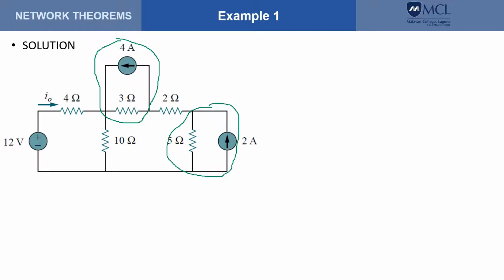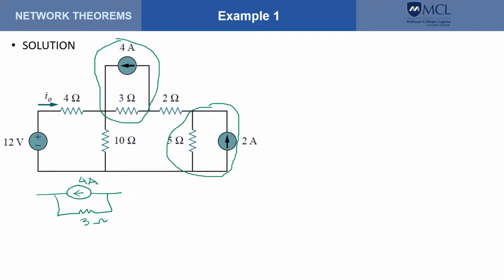For the 4 amperes, we have here a current source in parallel with the resistance, which is 3 ohms. This is 4 amperes.